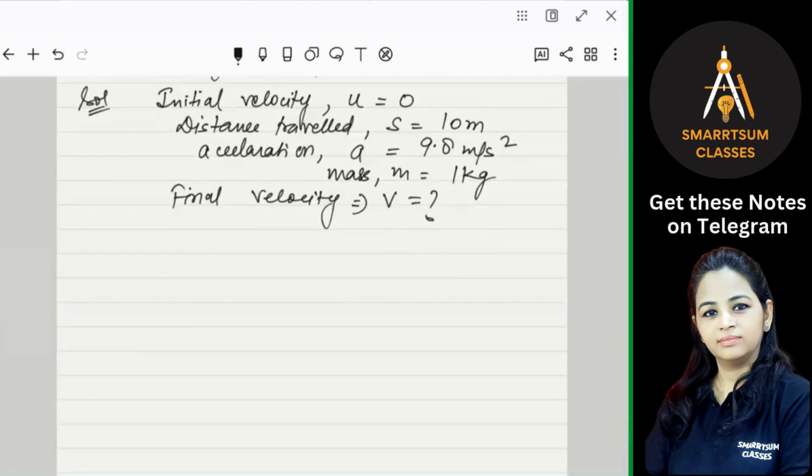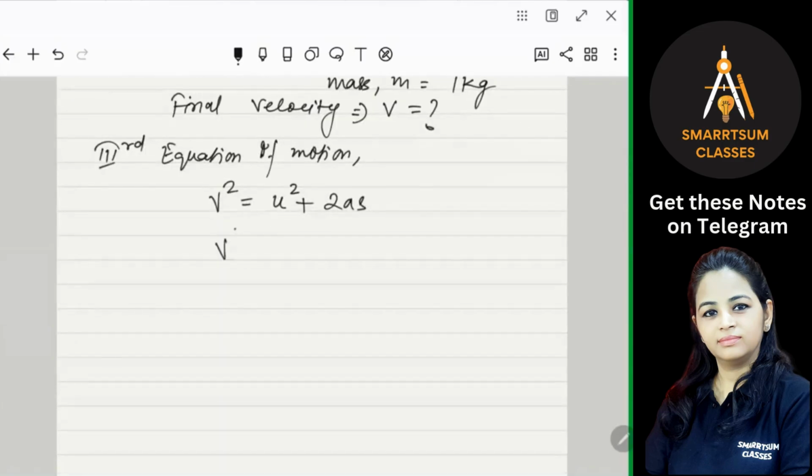So the third equation of motion, if you know, we have v square is equal to u square plus 2as. Getting it? So v square is equal to u square, u is 0, plus 2 into acceleration 9.8 into s. s is 10 meters. So from here you can easily find the v.